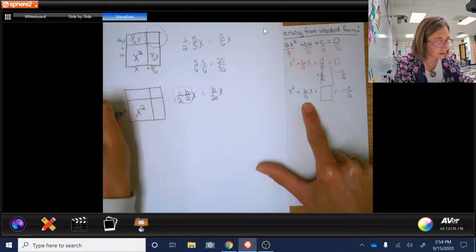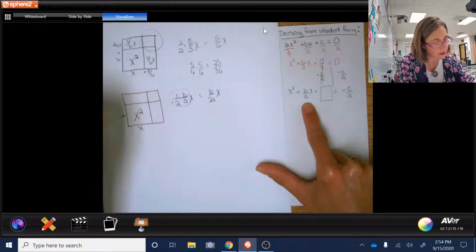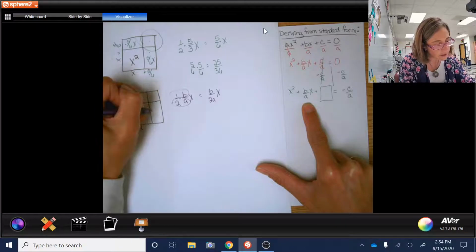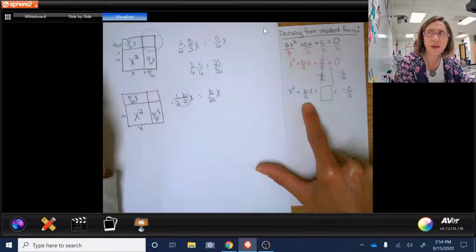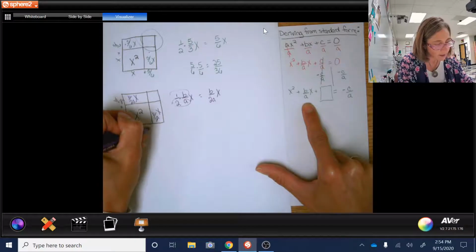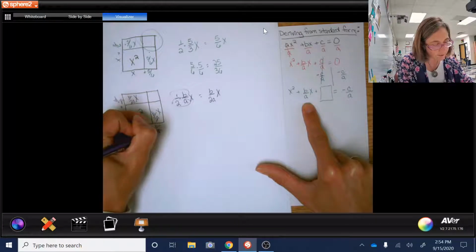So we have an x here and an x here. B over 2a, x, b over 2a, x. Hey, b over 2a, doesn't that sound familiar? Didn't that have something to do with, I don't know, maybe the vertex? We'll talk about the negative in a little bit. So let's see, this binomial would be b over 2a, x plus b over 2a.